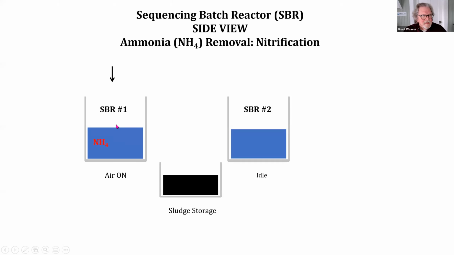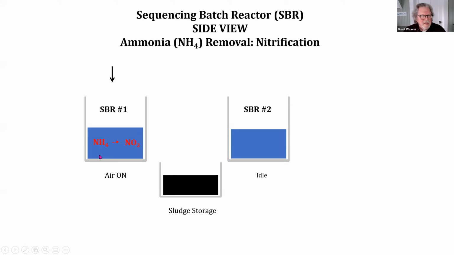So let's do the active SBR. It's being aerated. As it's being aerated, the ammonia is converted to nitrate, right? So we're adding oxygen, the hydrogen ions go into solution, the bacteria are creating soluble nitrate out of soluble ammonia or ammonium.